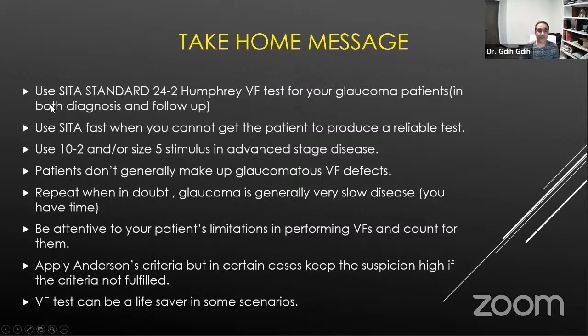Take-home message: use the SITA standard 24-2 Humphrey visual field test for your glaucoma patients in both diagnosis and follow-up. Use SITA Fast when you cannot get the patient to produce a reliable test. Use 10-2 and/or size 5 stimulus in advanced stage disease or when you have reduced visual acuity.